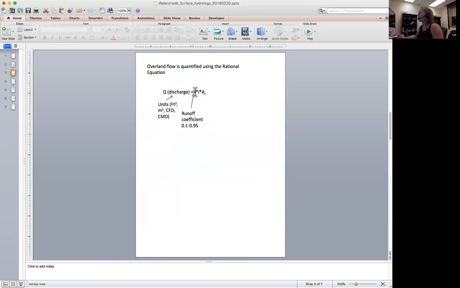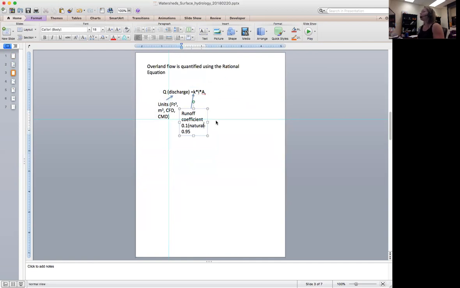So not frictional force, but infiltration ability in that system itself. So, when we think about a natural system, it will have a pretty low runoff coefficient. Conversely, if we think about a system that is very asphalt, very city-driven, city landscapes, it's going to have a really high coefficient.